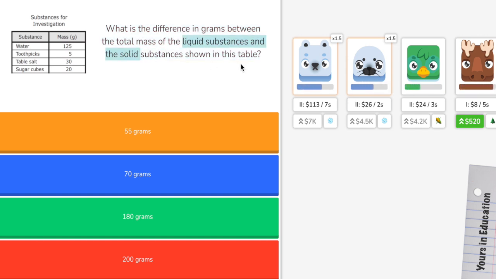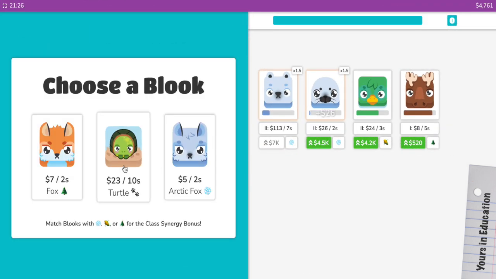So liquid, I have water, and the others, toothpick, salt, and sugar, are solid. So I'm going to add 30 plus 20 is 50, plus 5 is 55, and then 125 minus 55: 5 minus 5 is 0, 12 minus 5 is 7. So it's 70 grams, there you go. Yeah, okay.